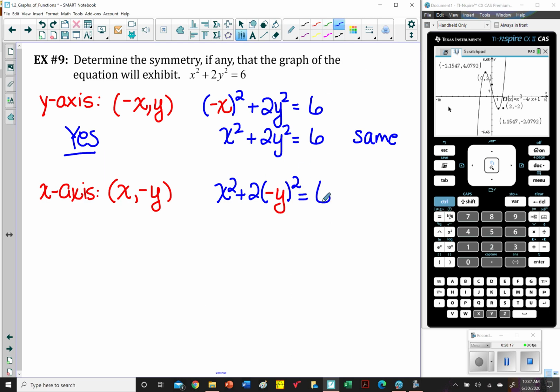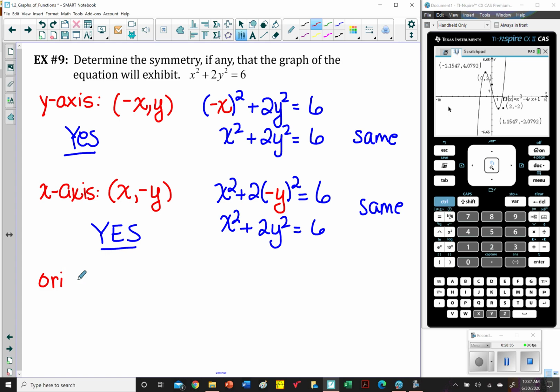Well, we get the same thing. And here, when you square a negative, we're still going to get that positive. So yes, we have x-axis symmetry. They stayed the same.